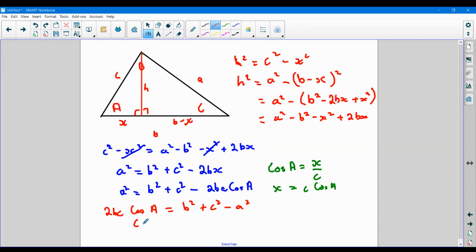And then if I leave the cos A here on its own, and I divide both sides by the 2bc, this will be a formula here for the missing angle in a non-right angled triangle. So we've got this blue one here for the missing side, this one for the missing angle.